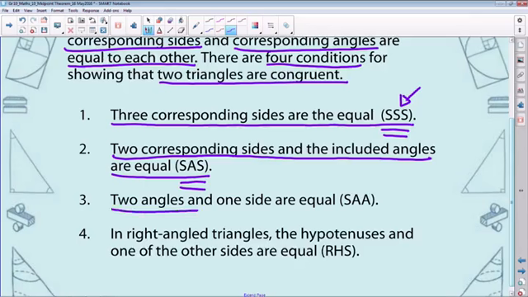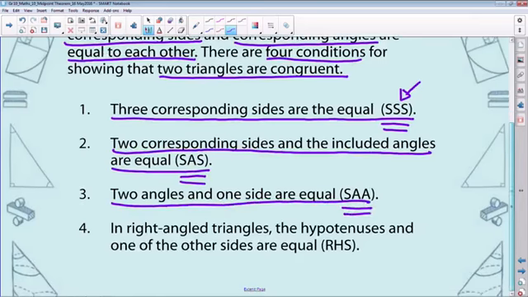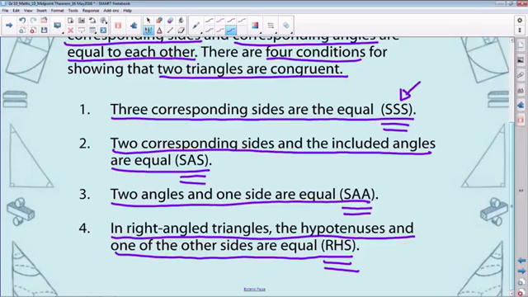And lastly, 2 angles and 1 side are equal. That's side, angle, angle. But then our special case is when we have a right angle triangle, we can have the hypotenuse and one of the other sides equal. So in other words, because we know that it has a right angle, we don't need to prove that it has a right angle. We just need to prove that one of the sides and the hypotenuse is equal.